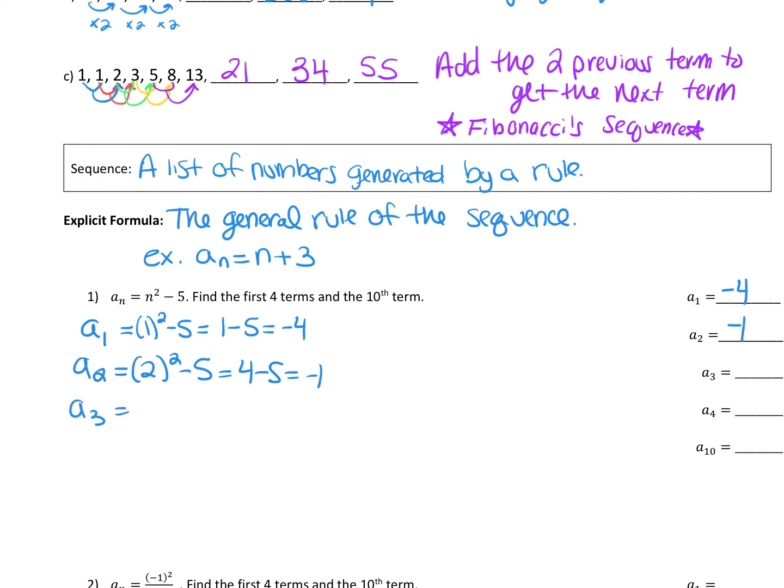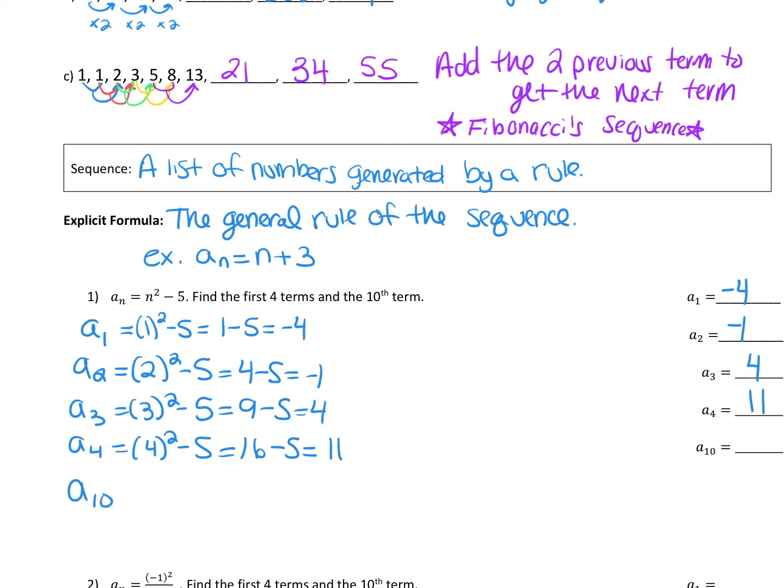A sub 3, plug in 3 for n. A sub 4, and I'm going to get 11. Then to find the 10th term, I'd plug in 10, and I would get 100 minus 5, or 95.